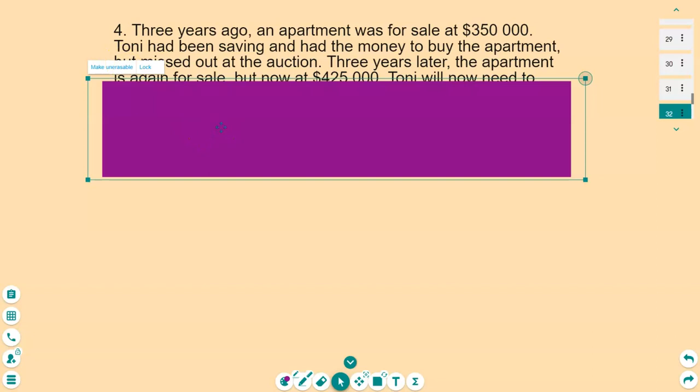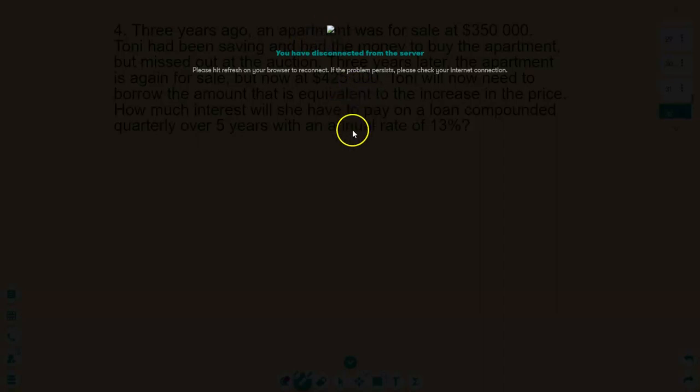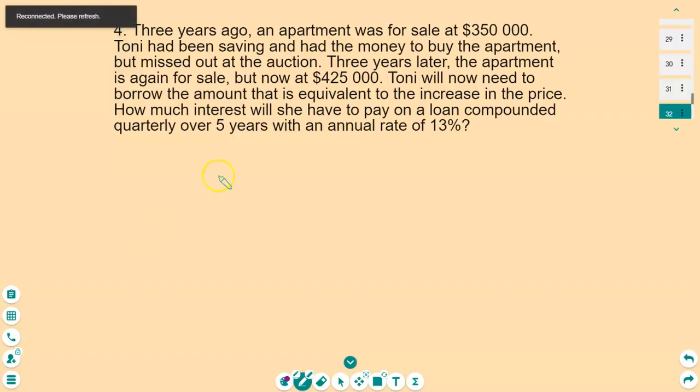We're not doing the rectangle anymore. We're pointing, and we'll underline as we go.